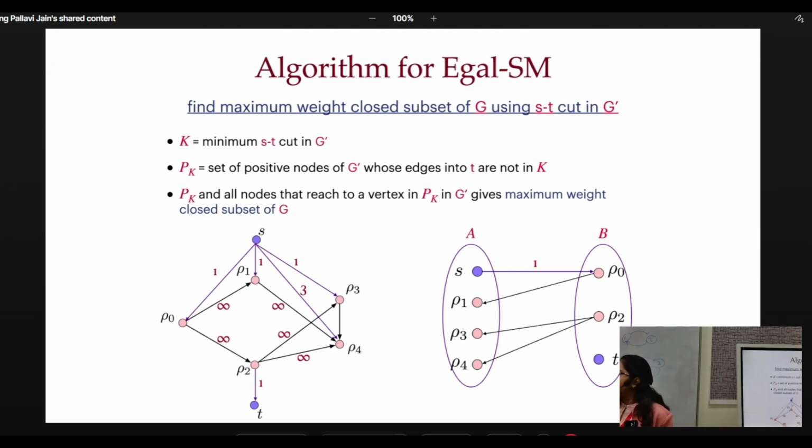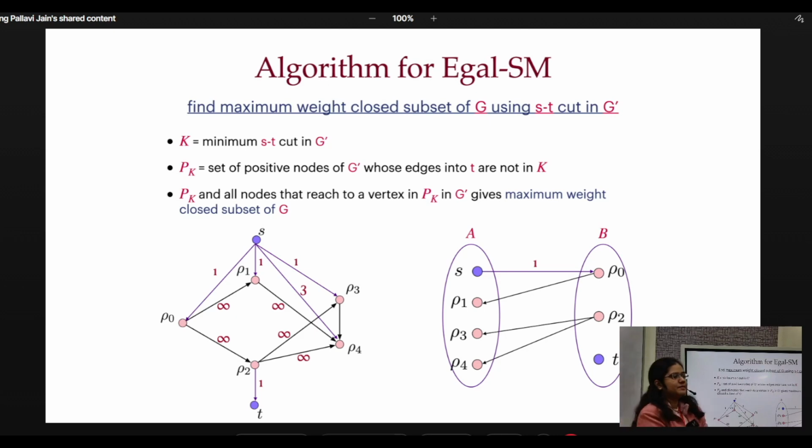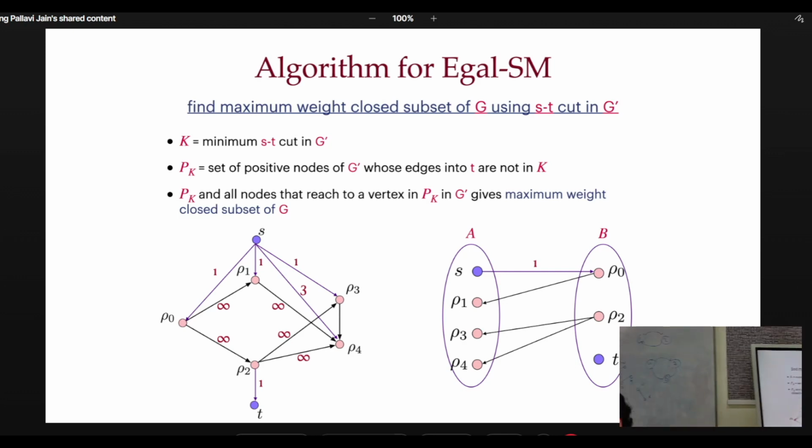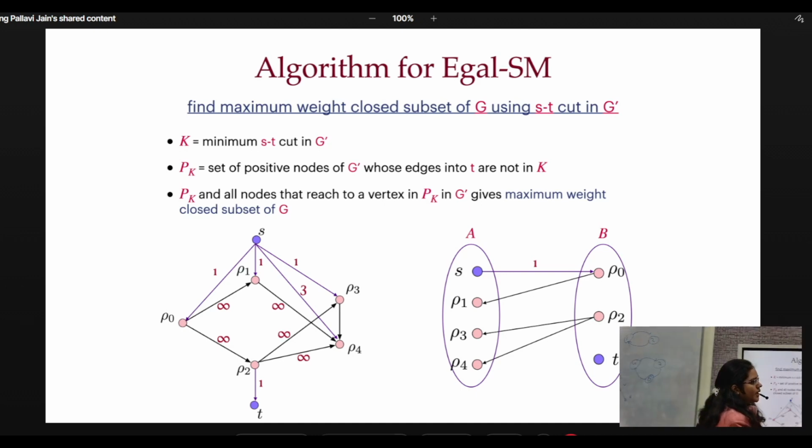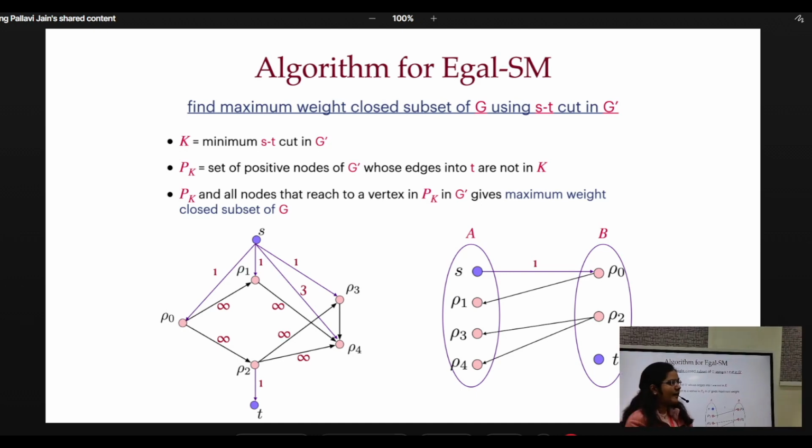Now what is my PK, tell me? All the definitions are here. What is PK? The set of positive nodes of G prime. See, nodes do not have weights, but that is a different thing.